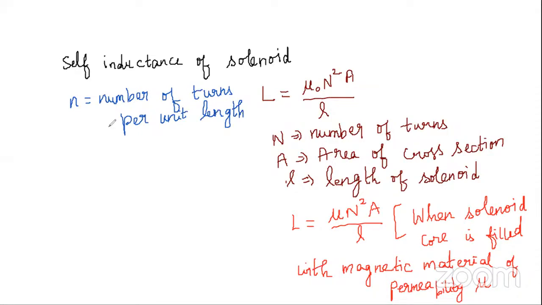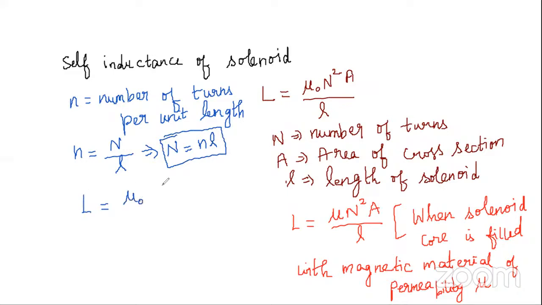When you have like this, then small n is equal to capital N divided by L. In that case, N equal to small n into L. So now what is the value of your inductance? That is mu naught n squared L squared A divided by L. So that will be mu naught n squared L into A. Okay, mu naught n squared L into A.